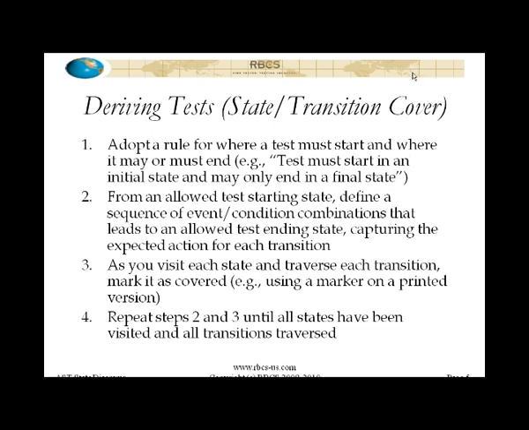What we want to do is, first off, adopt a rule about where the test must start and where it may or must end. So you could say that the test must start in an initial state and may only end in a final state. Now, the distinction there between may and must is that in the case of may end, if you could go into that final state, and if there's a way out of it back to some other previous state, you could loop back and the test could continue.